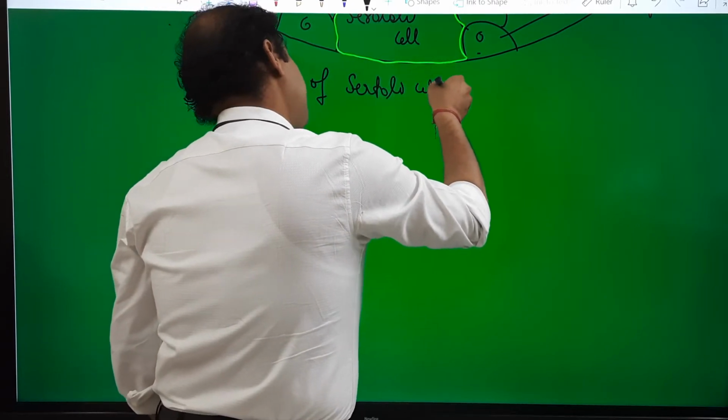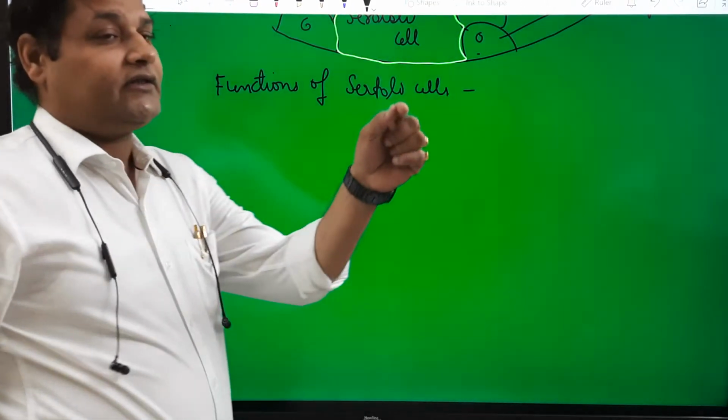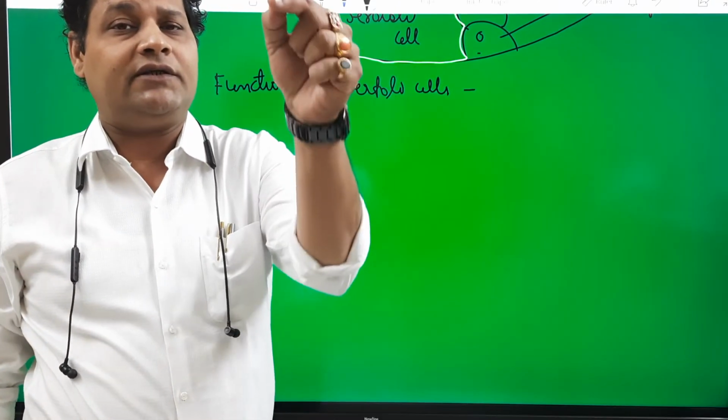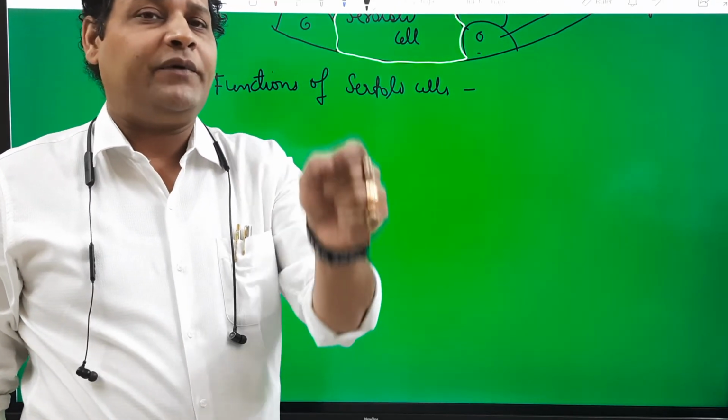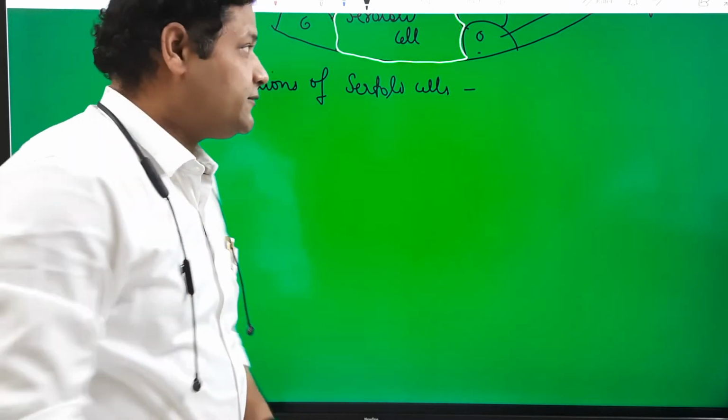The prime function of the Sertoli cell is to provide nutrition, nourishment to developing spermatozoa or sperm.